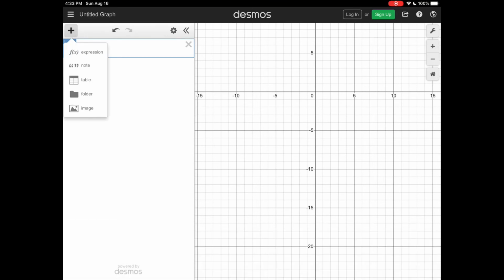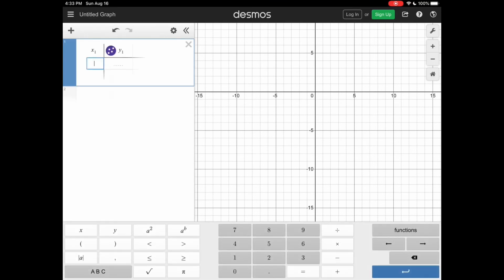I'm going to hit the plus button, and I want to make a table. And you notice my table already has x's and y's. So I'm going to fill in the x's that I had. I had 1.5, and then I had 1.9, and then I had 1.99, and I had 1.999.